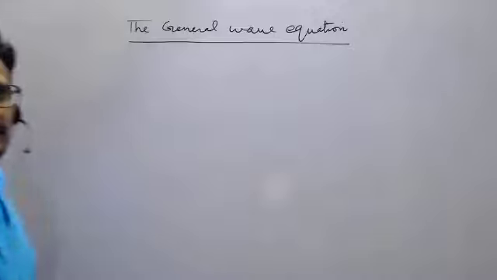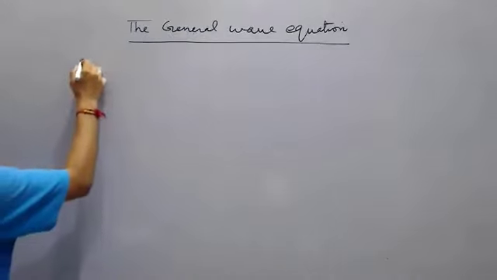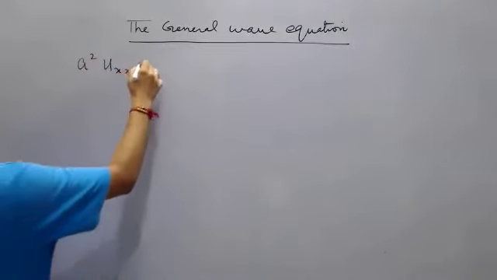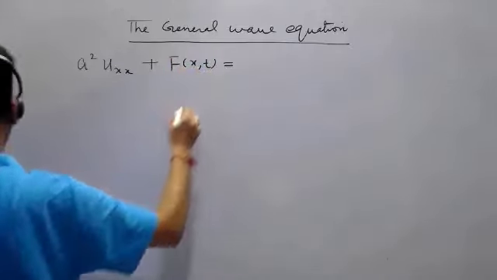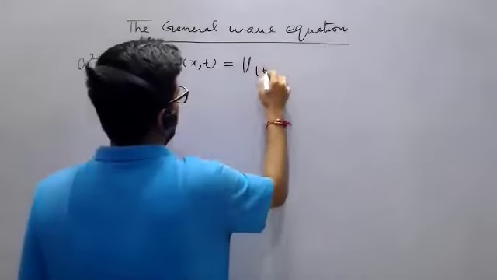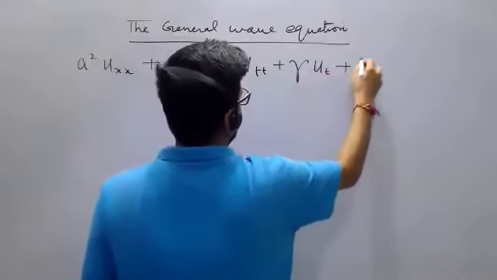The general wave equation, and that is given by some a² u_xx plus some function F(x,t) is equal to u_tt plus gamma times u_t plus k times u.